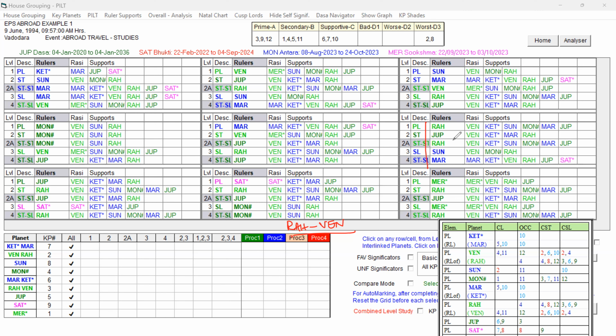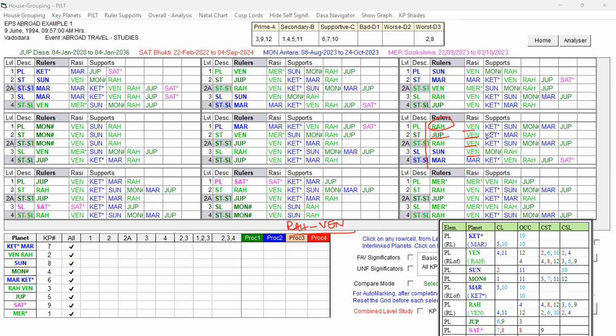Before that, we have to check the Dasa Lord, Rahu, that is the destiny planet itself, and the key planets of the Dasa Lord. Which are the favorable key planets making the Dasa Lord strong enough? Out of them, Rahu itself is a good key planet, and Jupiter, and you can see all levels are supported by Venus.